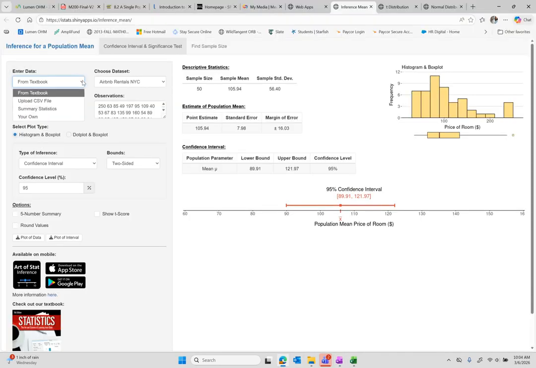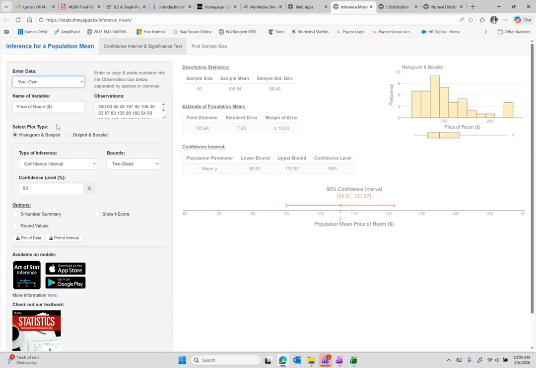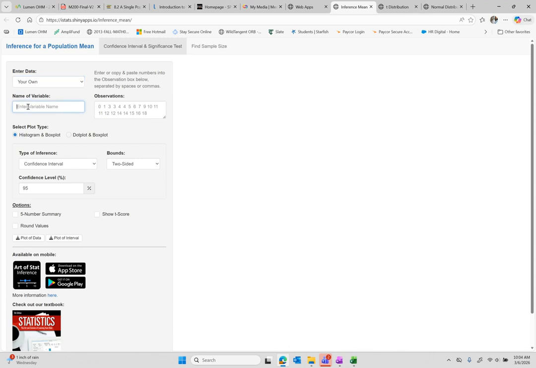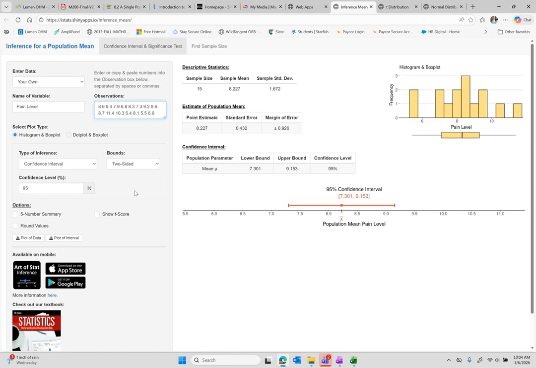So I'm going to enter my own data. It says, what's your variable? Pain level. And what are the observations? Right here, they are separated by spaces. So if you look here, it creates a histogram, it creates a box plot, it tells me what is my sample size, it tells me what is the sample mean, what is the standard deviation.